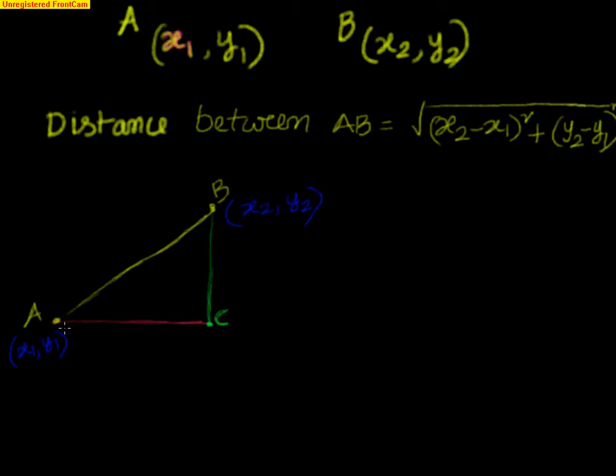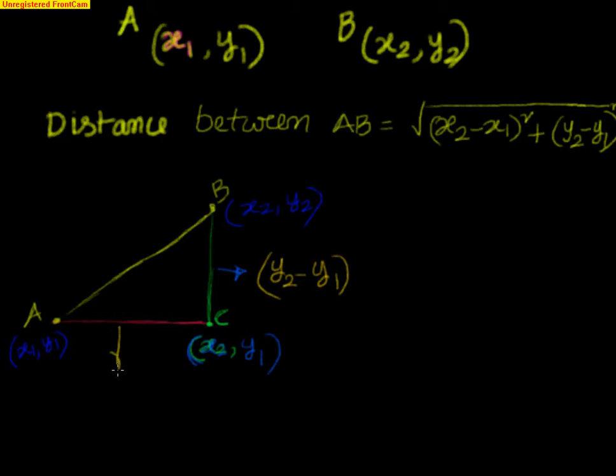What is this point? The x coordinate of this is x2, and the y coordinate is y1. So what is this distance? This is a vertical line. On a vertical line, the x coordinate is always constant. So this is equal to y2 minus y1.